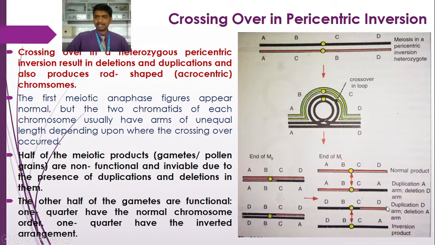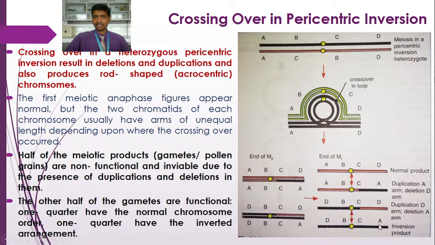Here is the case. So here four types of products we get. One is the normal. In this case we found that this A has been repeated, so it is a duplication of the A arm. Something is missing. Which is missing here? D is missing, so there is a deletion of the D arm. In this case here the sequence is D, B, C, D. Here D occurs two times, so it is a duplication of the D arm and again a deletion of the A arm.